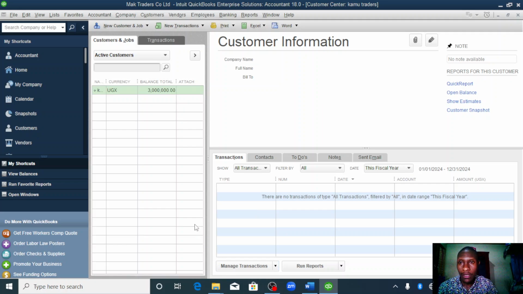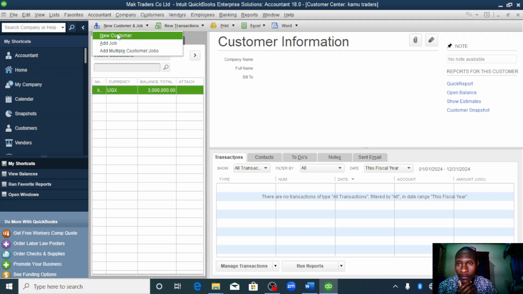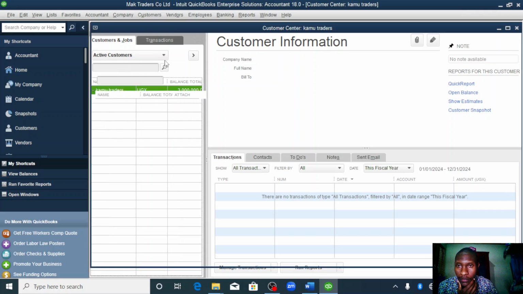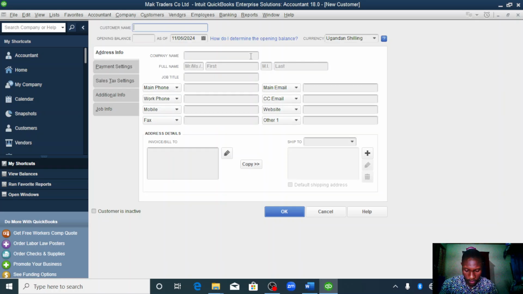So we enter Opita. Opita is not having any opening balance. We update the date. Then we say okay.